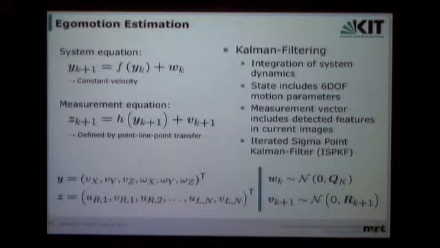So we predict the position of these features in the next stereo camera frame, and that can be solved by an iterated sigma point Kalman filter. On the next slide, I will justify the choice for the iterated sigma point Kalman filter as opposed to the iterated extended Kalman filter.